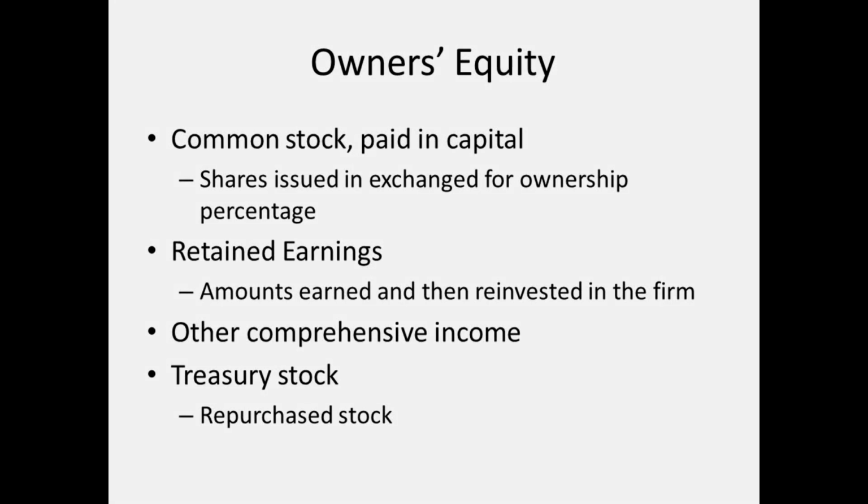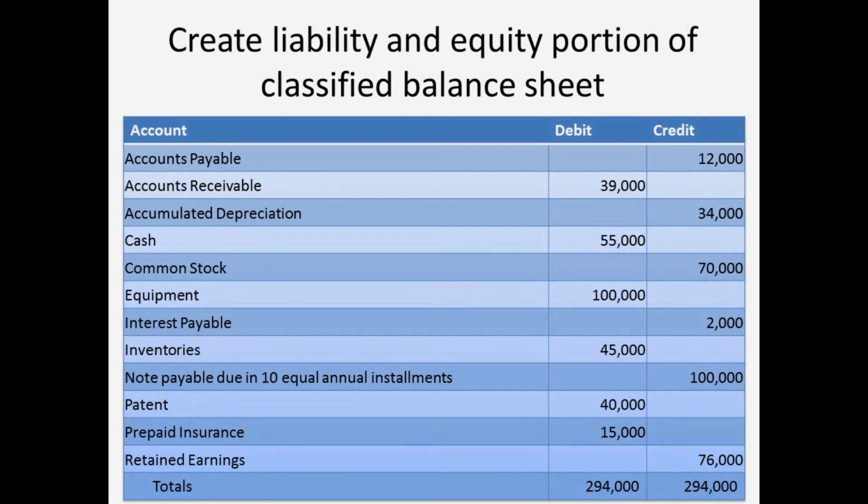Common stock, we already talked about. It's either just one line item or common stock and additional paid-in capital. Together, those two represent the contributed capital, and retained earnings is the amount that was reinvested in the firm after being earned. Other comprehensive income is that other stuff.